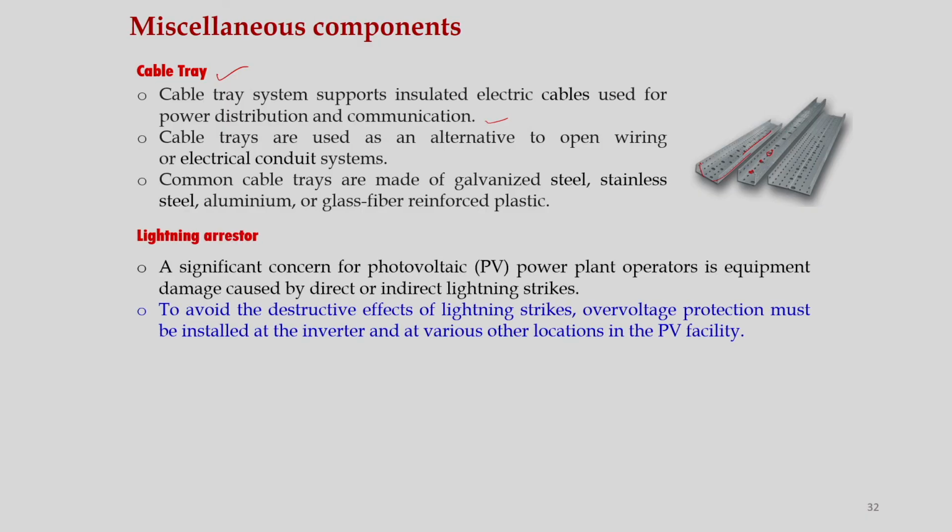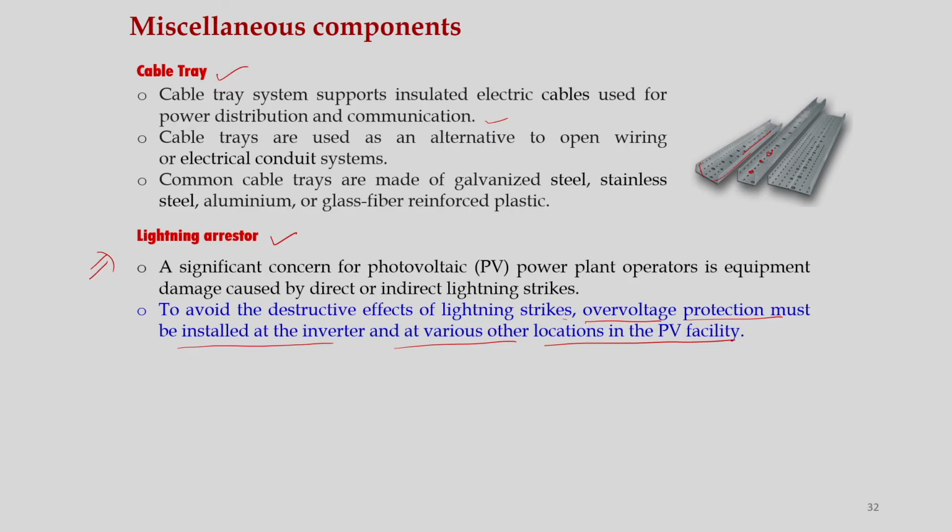And one very important aspect is the lightning arrestor, which is very important to protect the unit. Okay, so to avoid the destructive effect of lightning strikes, over voltage protection must be installed at the inverter and at various other locations in the PV facility. So this is very important, because without an arrestor it is very risky, otherwise everything will be damaged.